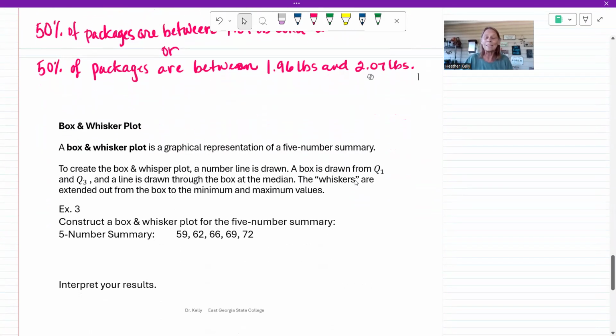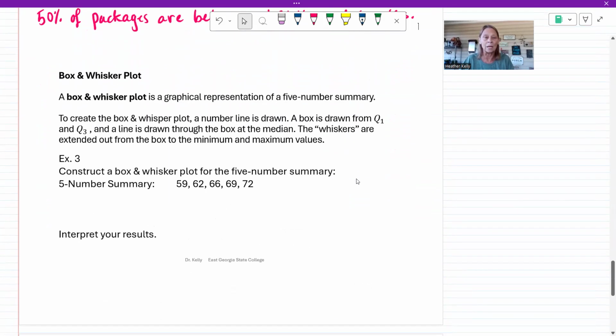Okay. So it's better for me to just give it to you in an example. And at this point, you can read the slide yourself. But basically, you got to start with a number line. Okay, so we're going to start off with a number line.